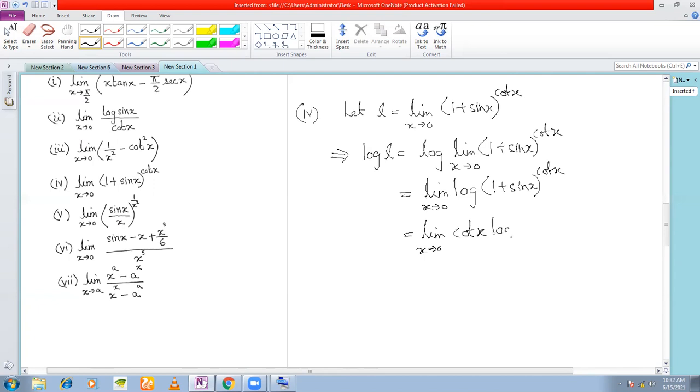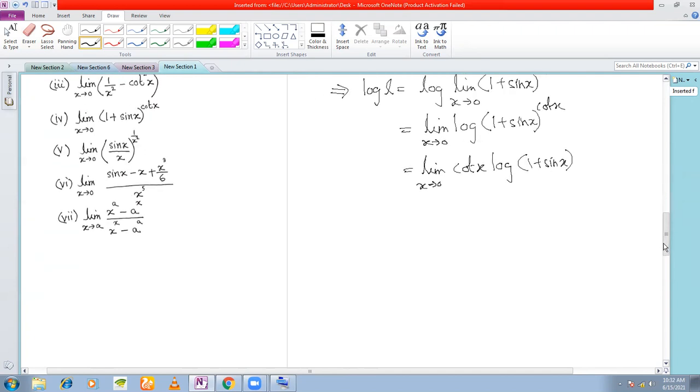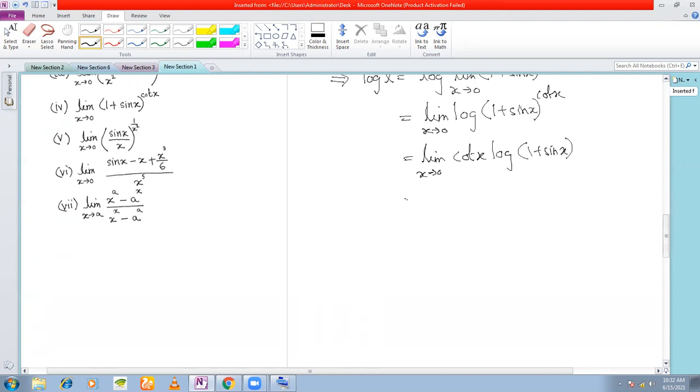You get log 1 plus sine x. Okay. Now what you do here is you convert this to a fraction by converting cot to a tan. So you have converted cot to a tan.